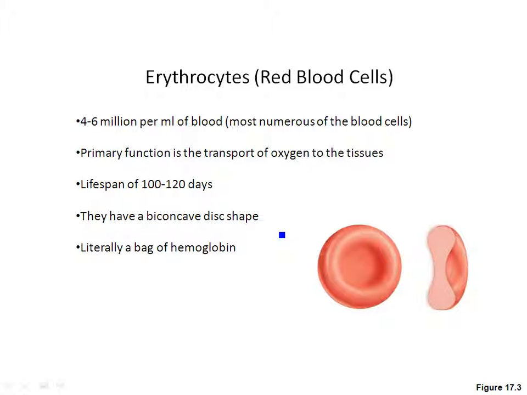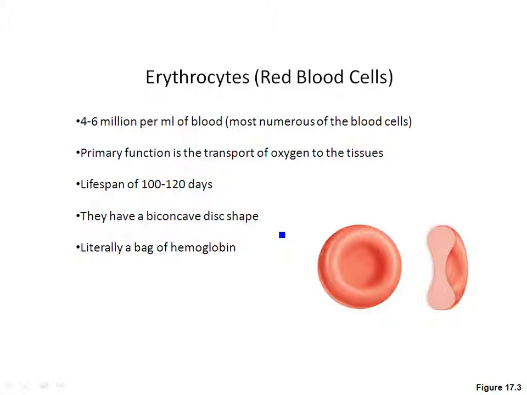And so they're going to pick up oxygen in the lungs, then deliver it to all the tissues, dump it out at the tissues, and then go back to the lungs and pick up more oxygen and keep delivering it to the tissues. They also do a little bit of carbon dioxide transport, but most of the carbon dioxide transport doesn't occur on the red blood cells. Most of the red blood cells have a lifespan of about 100 to 120 days.